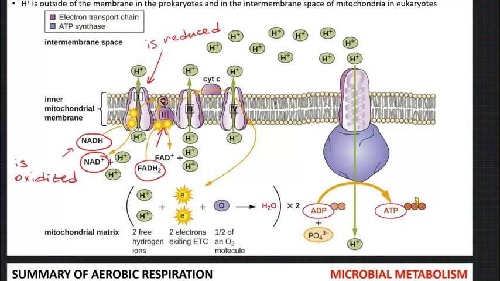Now you can see that the electron transport chain is located in the membrane, right? Okay. What is this membrane? If we're talking about eukaryotes, it is the inner membrane of mitochondria. But what about prokaryotes, like bacteria? Do they have mitochondria in the cell? They do not.